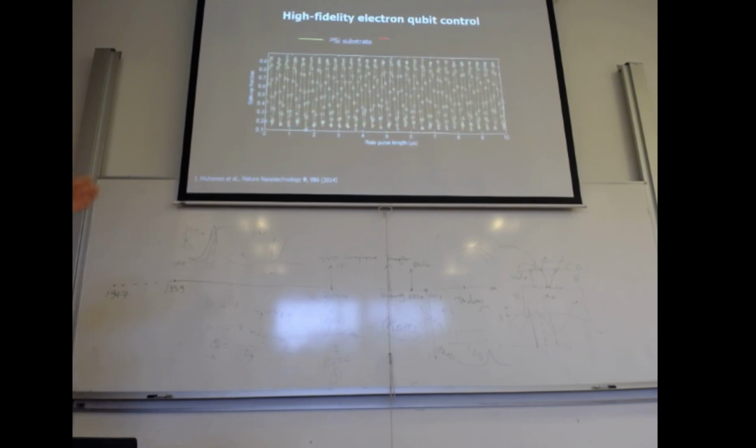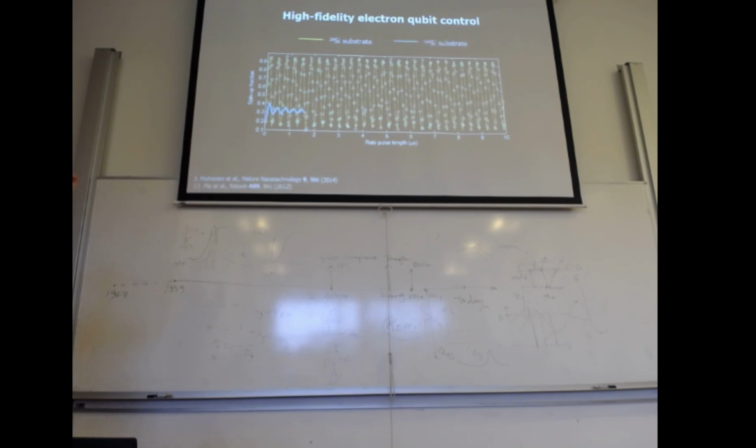And it's also reflected when you make Rabi oscillations, so you vary the pulse length of your microwave drive, and you can see that we have these beautiful Rabi oscillations. It's reasonably fast, right? It's less than a microsecond for a pi pulse. This is in silicon 28.